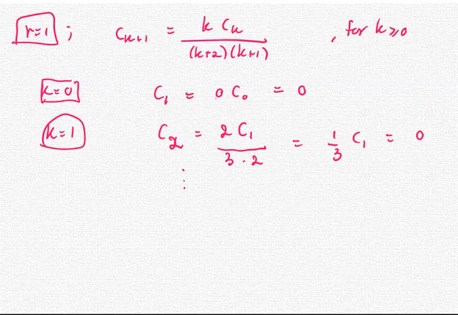And the same for the rest of them, because we use the previous c to find the current c. So c_n is going to be 0 for n equals 1, 2, 3, and so forth.